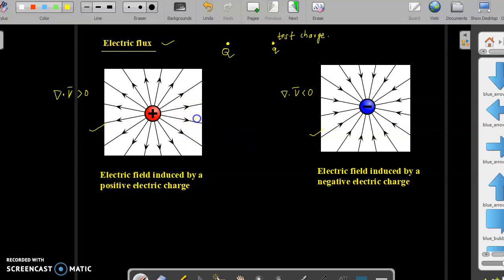So these are called lines of force. The total number of lines of force from this positive charge, or the total number of lines of force converging to a negative charge, is called the flux.